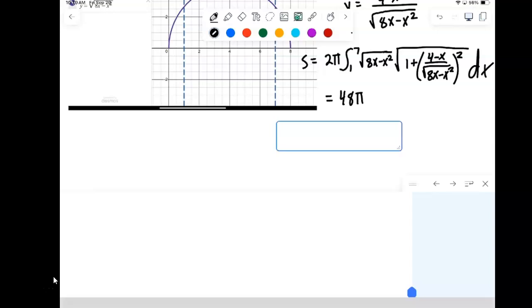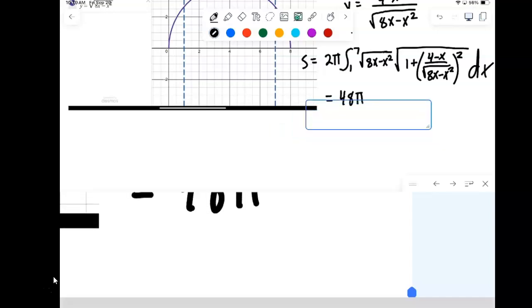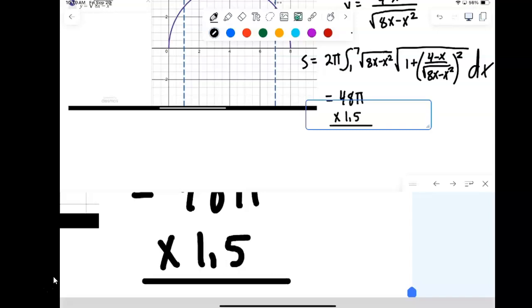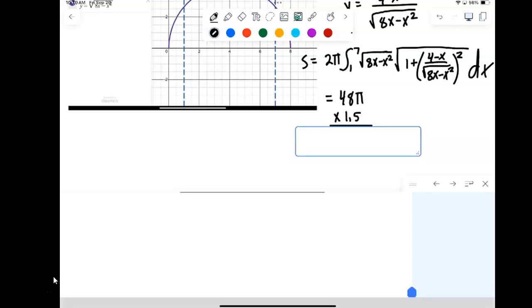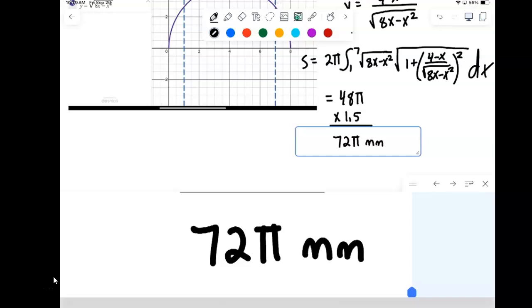That whole surface area needs to be covered in a 1.5 millimeter thick coat of paint. So we take that times the 1.5 millimeters, and we get that we need 72 pi cubic millimeters of paint.